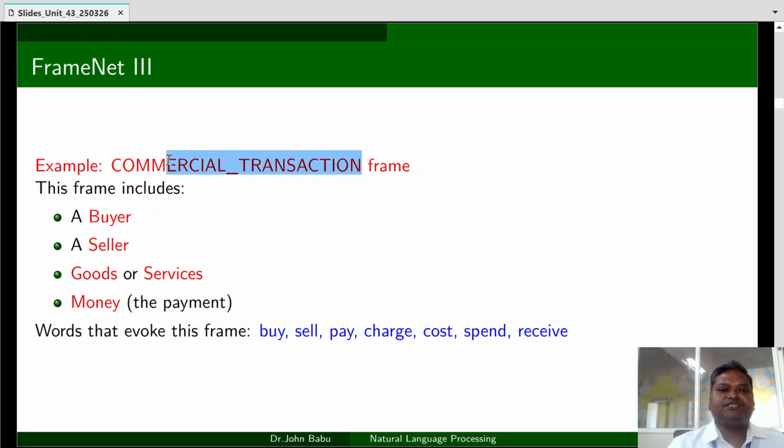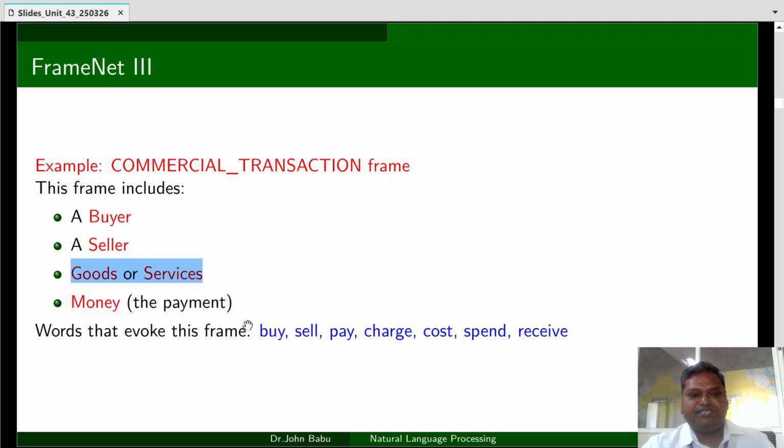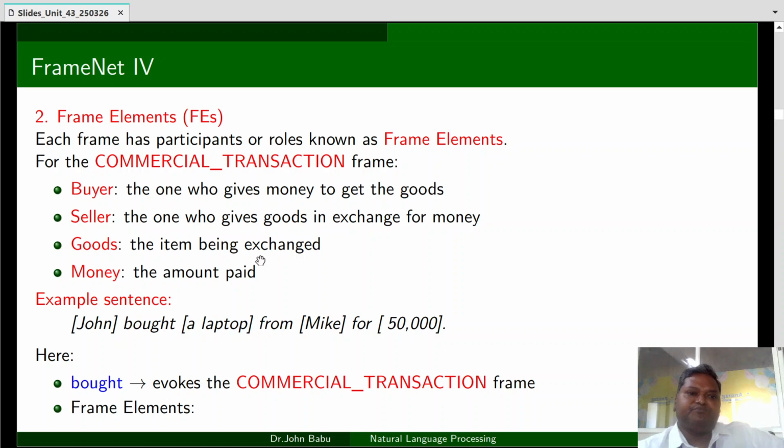That frame, which is the name of the frame, may typically include the buyer, the seller, the goods sold or purchased, and the payment money. The words that evoke this frame, whenever we come across buy or sell or pay, charge, cost, spend, receive, will invoke this commercial transaction frame. There will be a lot of frames in the FrameNet database.